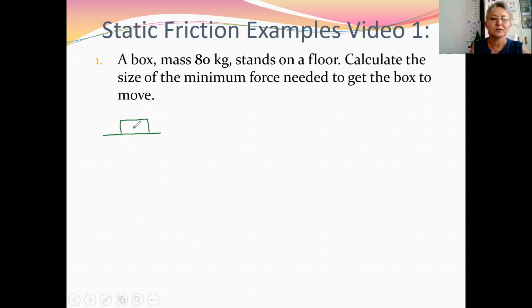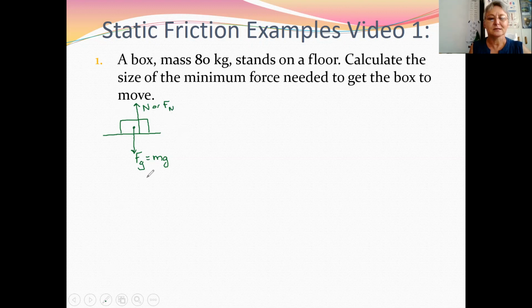So this box has a gravitational force, Fg, which can be calculated by using mg, mass of the box times gravitational acceleration. And there is the normal force, Fn or n. We use n or Fn.